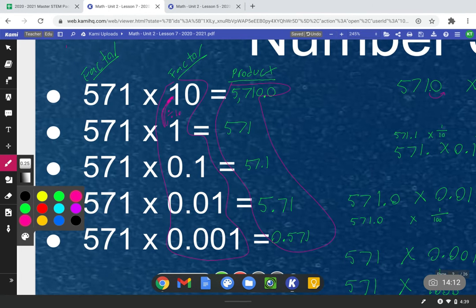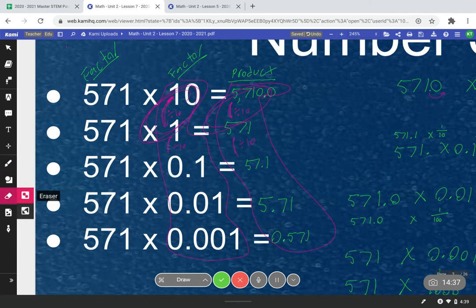Well, 5,710 divided by 10 equals 571. Let's go to the next one. 1 divided by 10 equals 1/10. 571 divided by 10 equals 57 and 1/10. So we see that the same difference of our factors can be seen in our products. They change at the same rate.